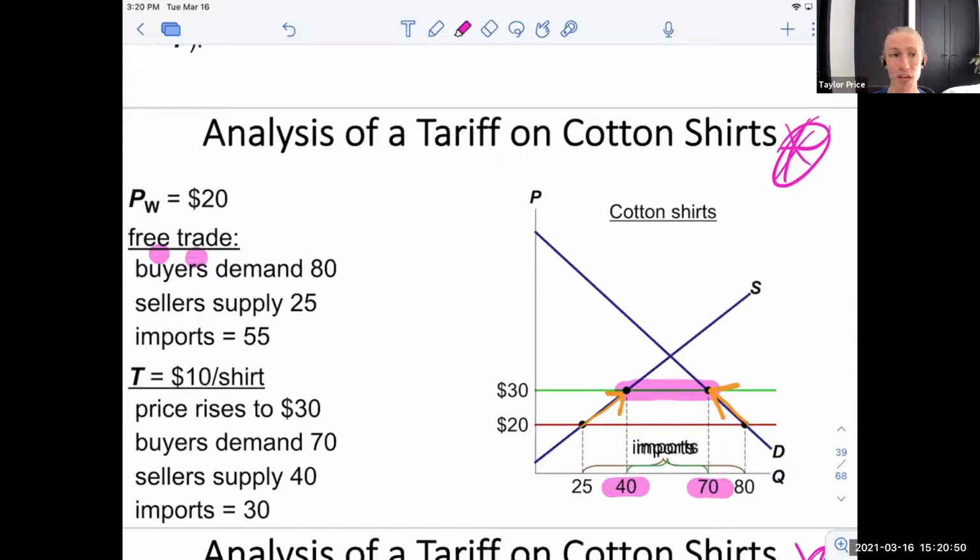But with the tariff, there are now going to be fewer imports because there's that tax on imported goods. And so that increases the price that domestic consumers and producers are going to get for their goods.